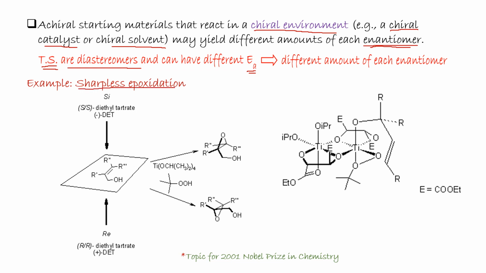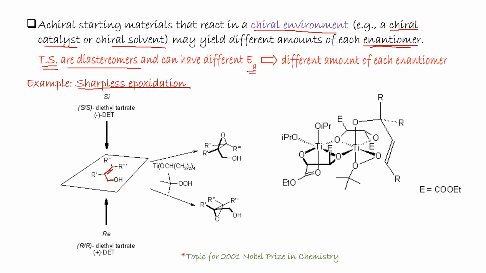Sharpless epoxidation is an example of that. What that scientist did, he started with allyl alcohol, an achiral starting material. Two faces are enantiotopic.